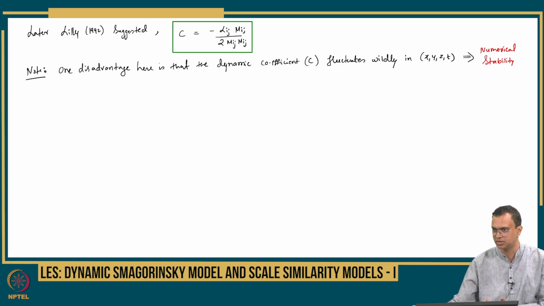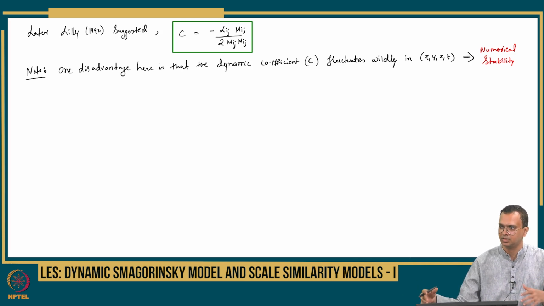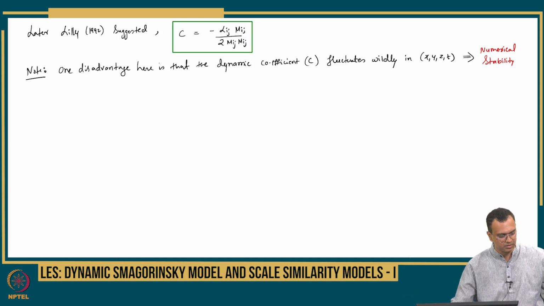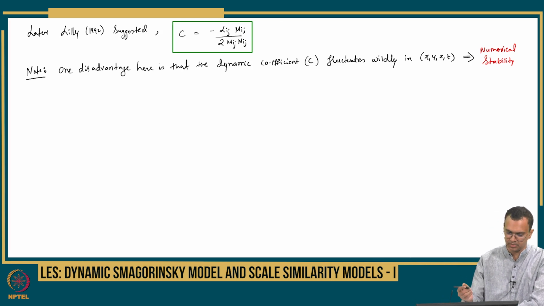If you just use this, it can happen, because you are computing at runtime. If you have 1 million mesh, you have C at all these 1 million grid points at that particular time, and then it changes every time, right? So one way out is to use volume averaging, smoothing this parameter.